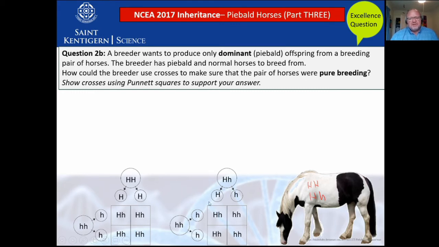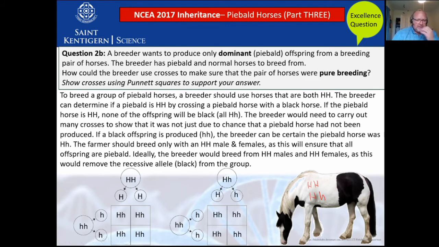But when you look at this, you know that actually 50% for every fertilization still means that you can produce a lot of piebald horses. Consequently, we need to monitor the offspring for a long time, and the longer we monitor it, the more sure we can be that it is homozygous dominant. Okay.